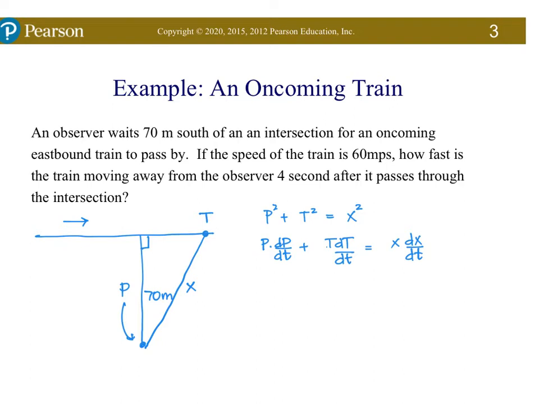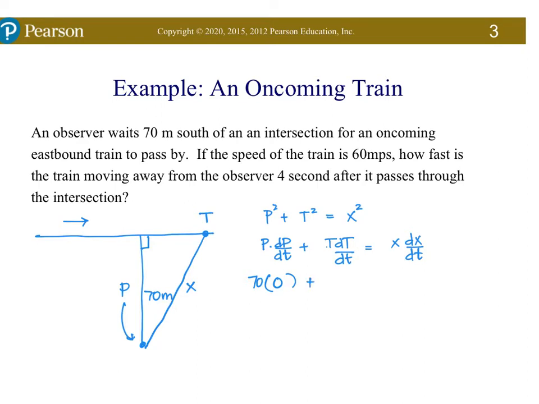And now we can start plugging in some of the numbers based on the values that we have. So we know the person is 70 meters south of this intersection, so their value for P is 70. dp dt is how much the person is changing. Well, the person is waiting, they're standing still, and so that value of dp dt in this situation happens to be 0.